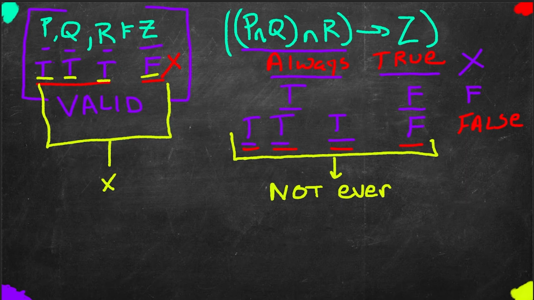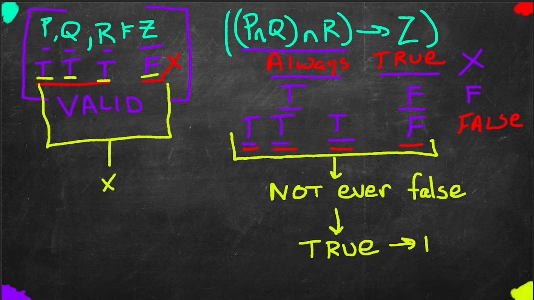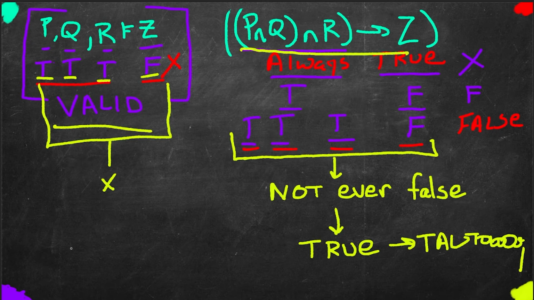And if the formula is not ever false, then it's going to be true. So it's always true. And if it's always true, then the formula is a tautology. So going back to our question, if the argument here is valid, then is this formula a tautology? The answer would be a big old yes. It would be a tautology.